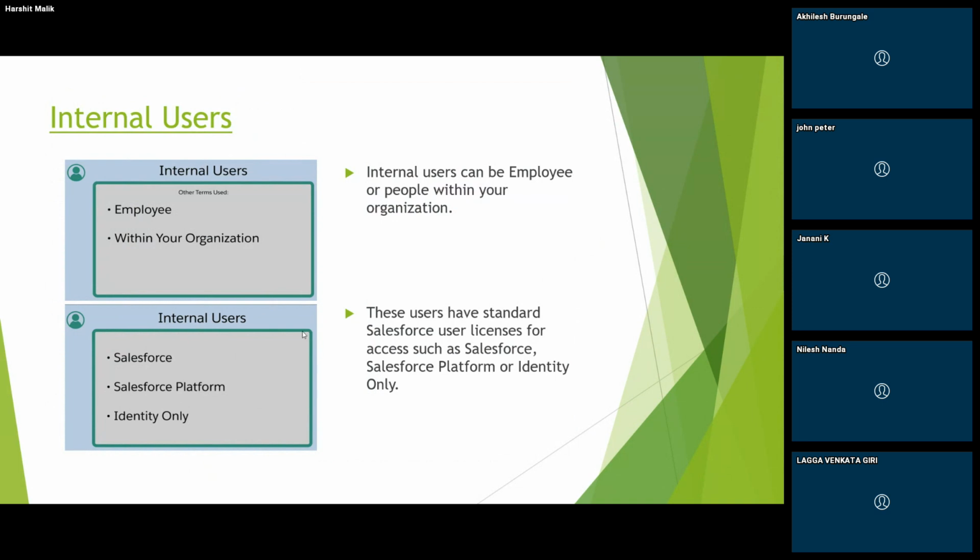And there's a partner community license which gives you access to campaigns, leads, and opportunities. So each and every license has a different kind of access. If no one has any issues, then we can move ahead. Okay, I'll move ahead then.